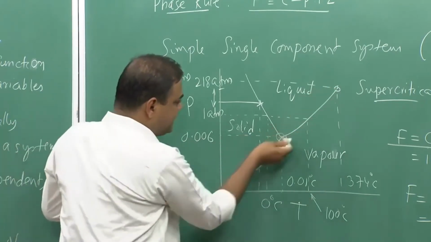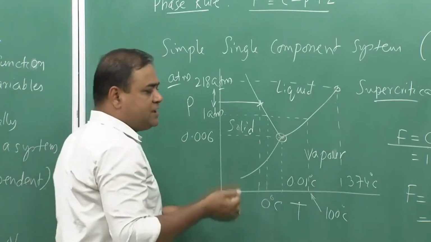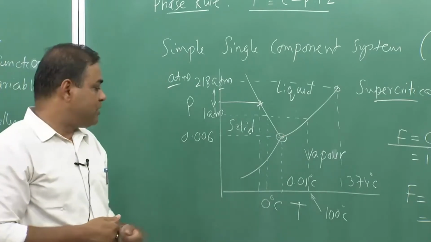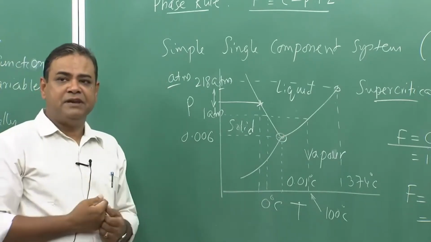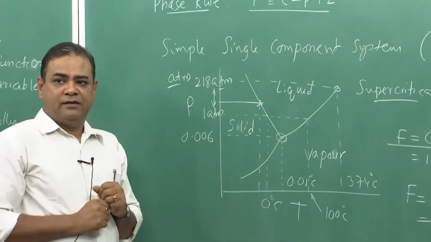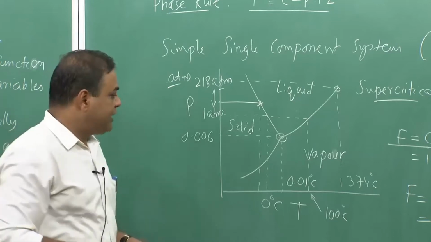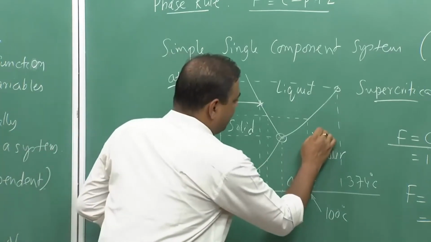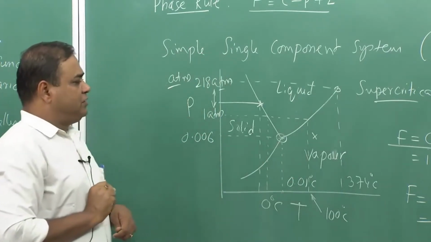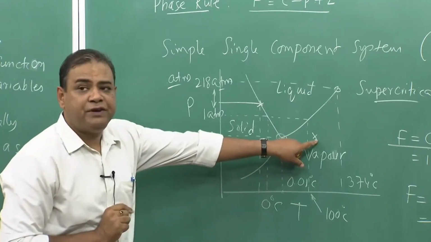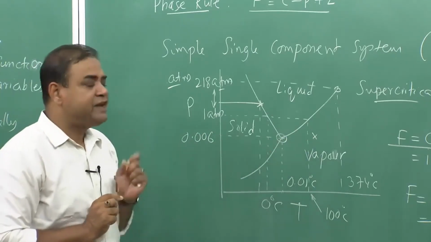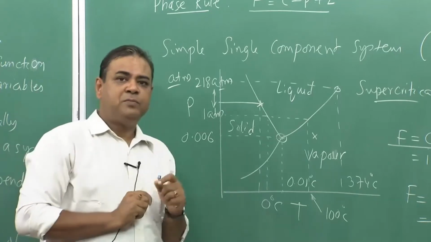Similarly, at any point on this line or on this line, the number of independent variables would be 1. So, that means one variable can be changed independently. Now, if I try to see what would be the degrees of freedom at this point, there will be one phase, one component.